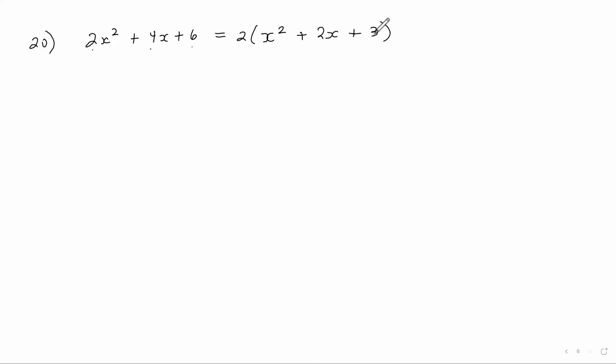Safi, do you want to try one with me? 10a squared minus 5a plus 20.